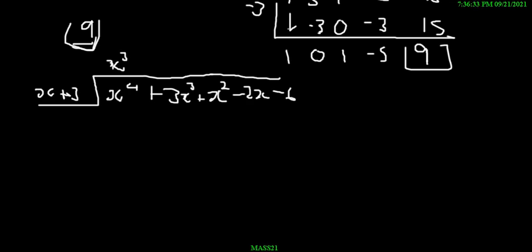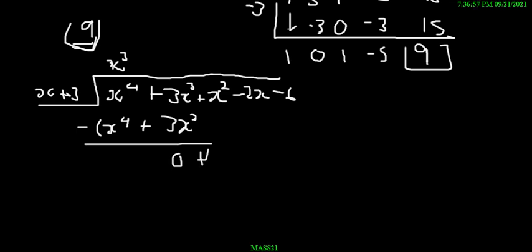Then you multiply, giving us back x to the power 4 and x to the power 3 times 3, that's 3x to the power 3. So subtract, it's going to be 0. Then we drop the x squared.